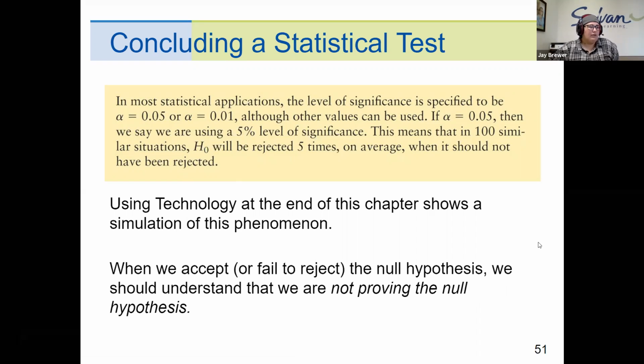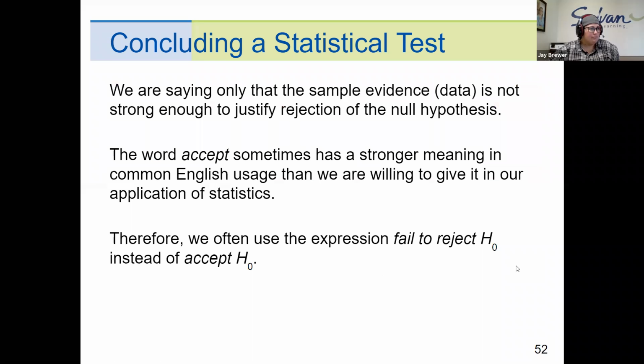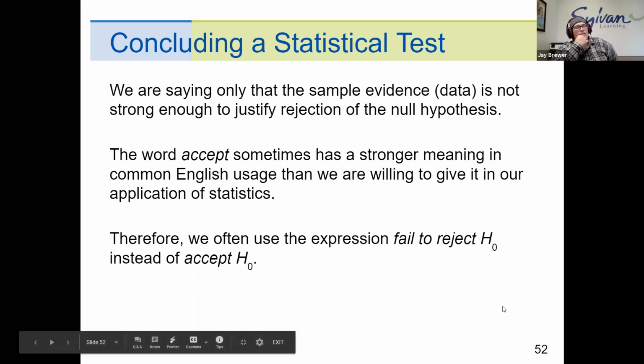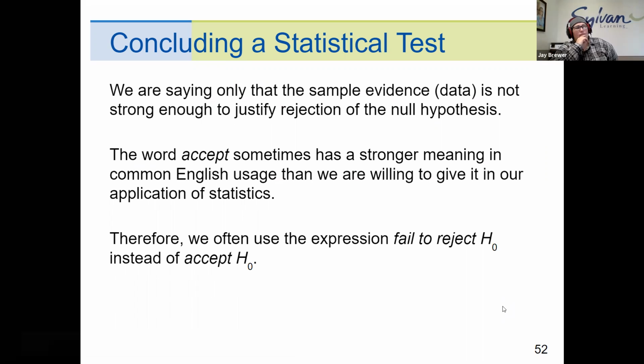When we accept or fail to reject the null hypothesis, we should understand that we are not proving the null hypothesis. We are saying only that the sample evidence, the data, is not strong enough to justify rejection of the null hypothesis.